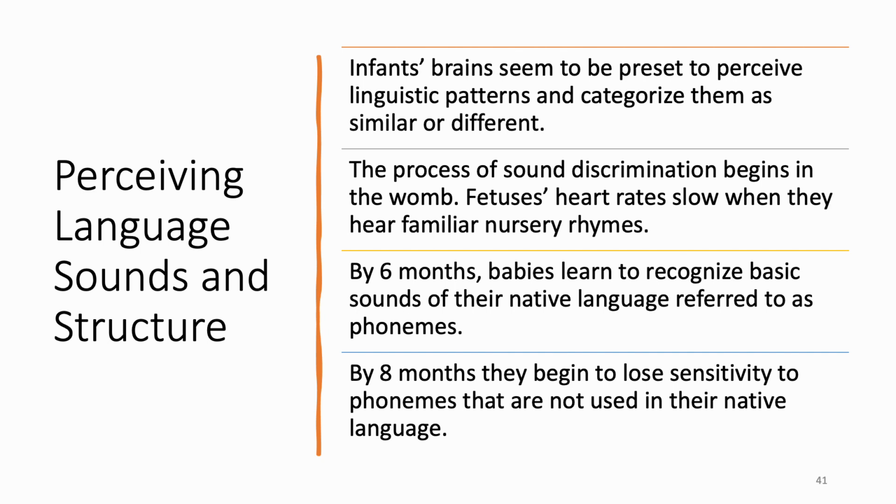The process of sound discrimination begins in the womb. Fetuses' heart rates slow when they hear familiar nursery rhymes. By 6 months, babies learn to recognize basic sounds of their native language, referred to as phonemes. By 8 months, they begin to lose sensitivity to the phonemes that are not used in their native language.